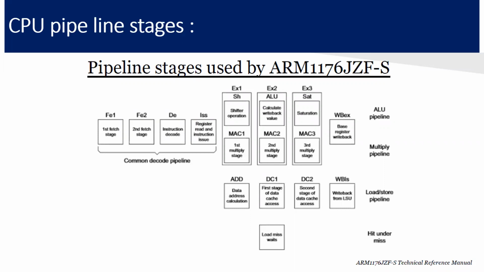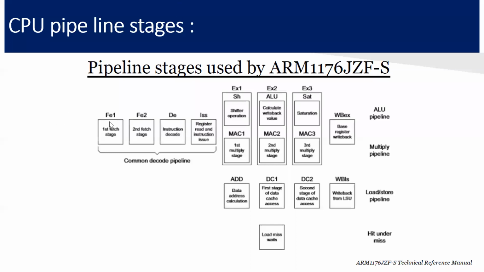So here you can see in the diagram, there are 8 stages: 1, 2, 3, 4, 5, 6, 7, and 8. These 8 stages are constructed to use pipelining in the CPU.